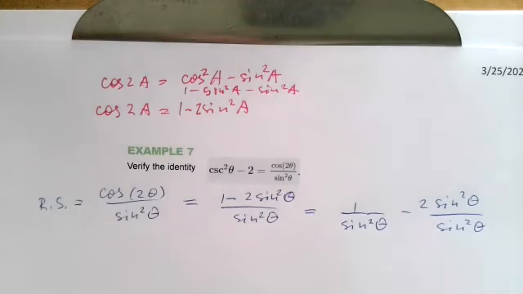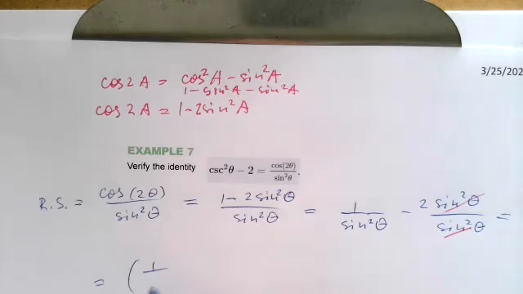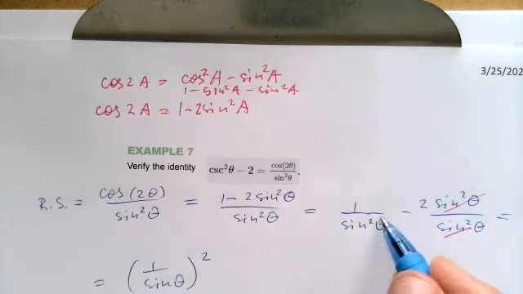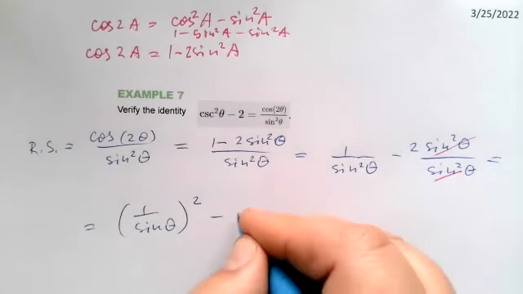Of course, I'm going to cancel these factors, and instead of writing 1 over sine squared, I'm going to write 1 over sine theta squared. And I want you to think about how these two are the same thing. Here I'm going to have 2.